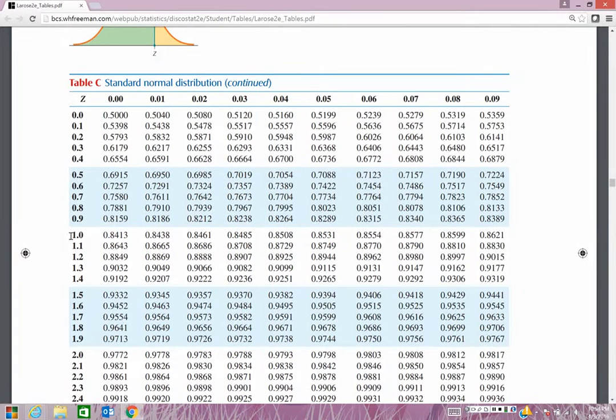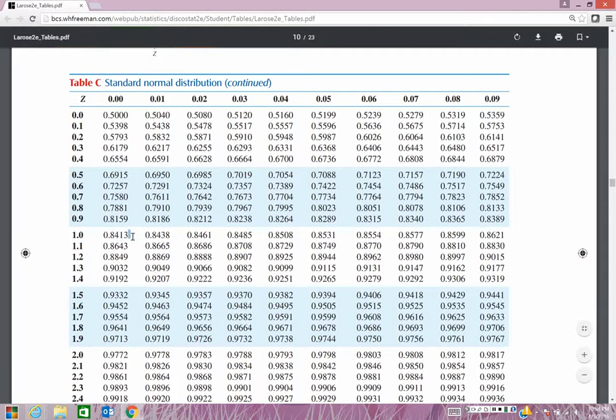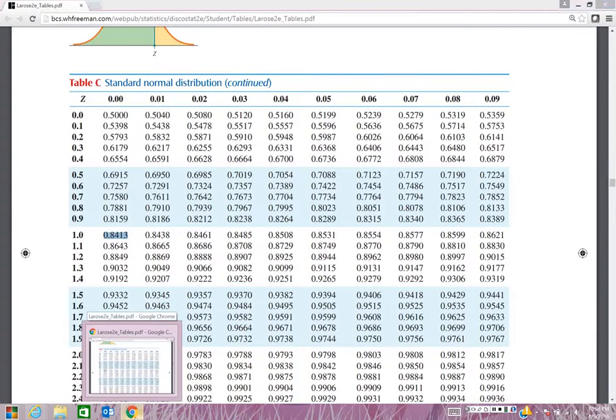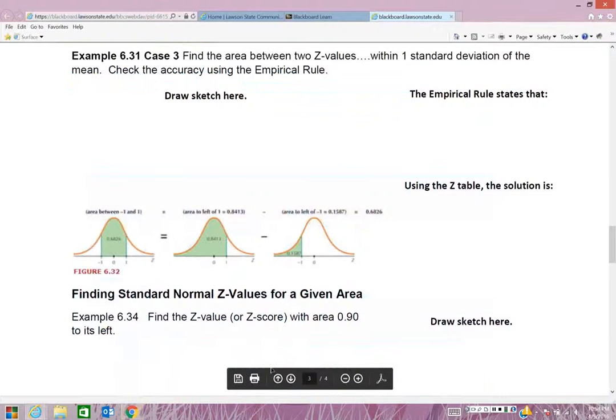Notice that we have 1.0 here. 1.00 corresponds to 0.8413 right here. Alright, so 0.8413 will correspond to the area that's to the left of z equals 1.